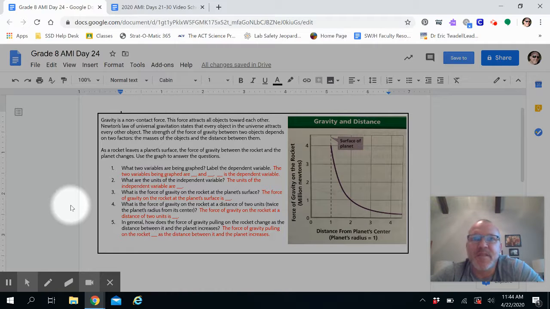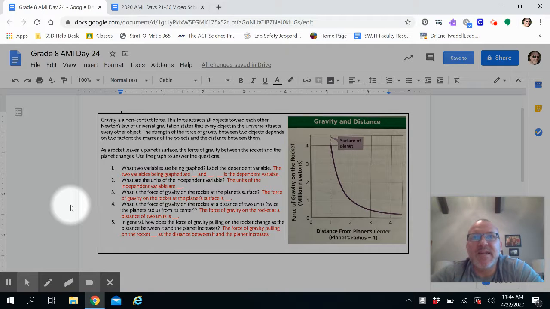That's a simple question that asks you to read the graph. And number 5, in general, how does the force of gravity pulling on the rocket change as the distance between it and the planet increases? In other words, as the distance goes up, what happens to the force of gravity?